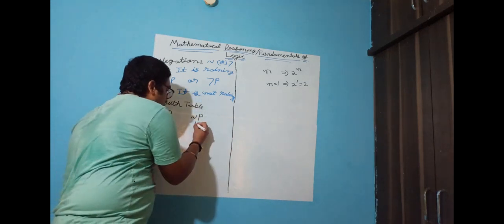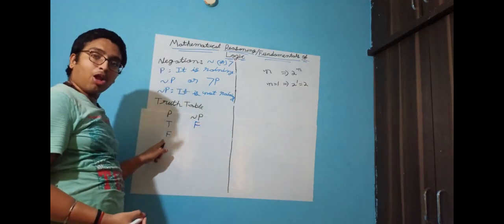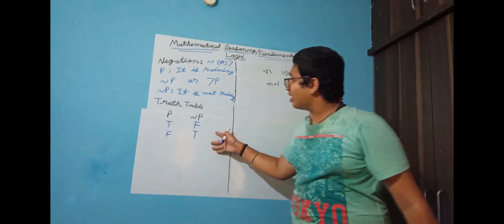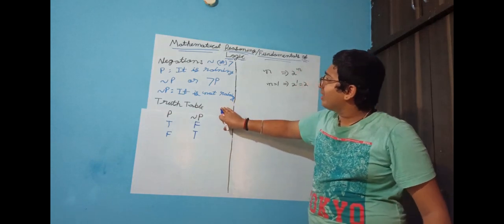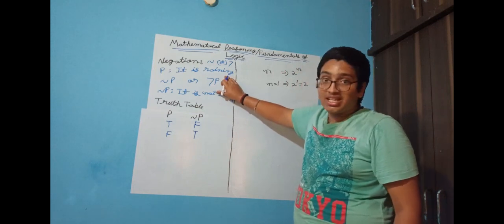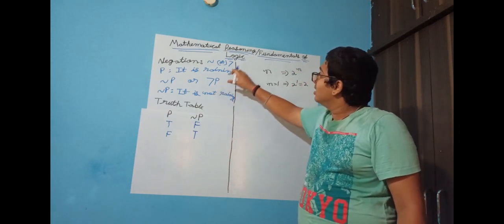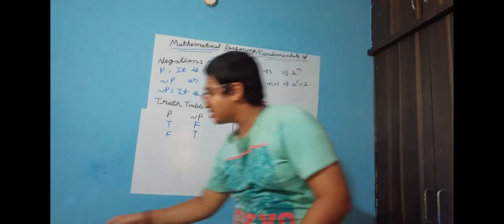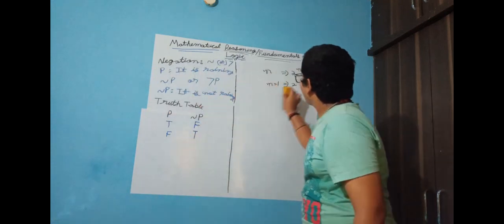The opposite of true: false. And when P is false, negation P is true. This is the truth table for negation. And remember one more thing: in negation we work only with one sentence, a simple sentence. In the remaining topics we are going to work with compound sentences. Make a note of it.